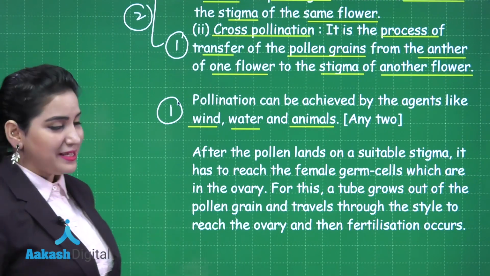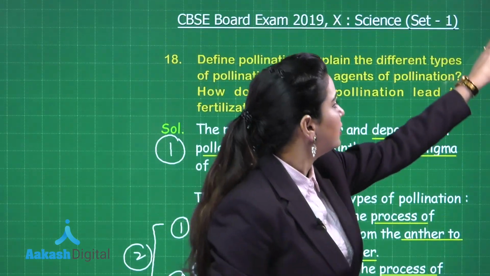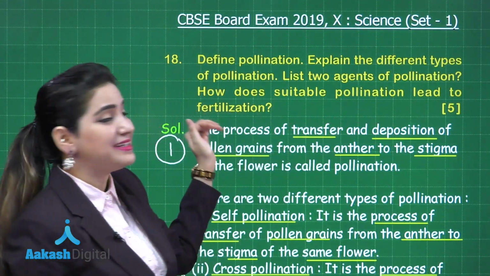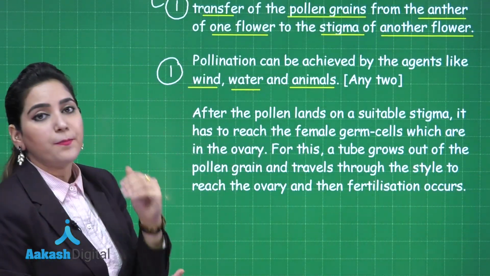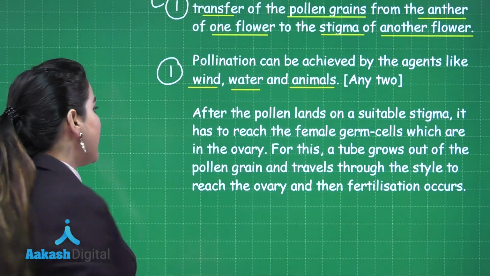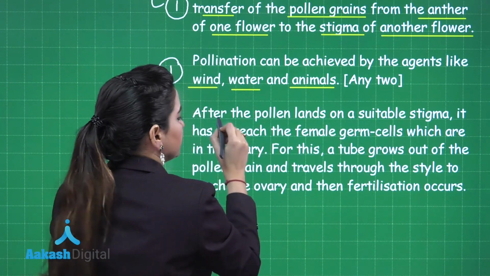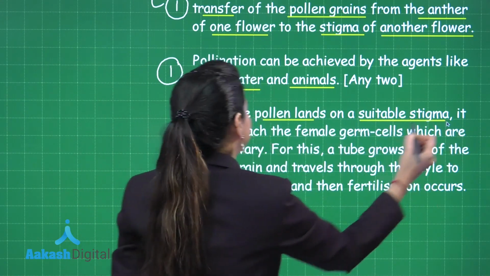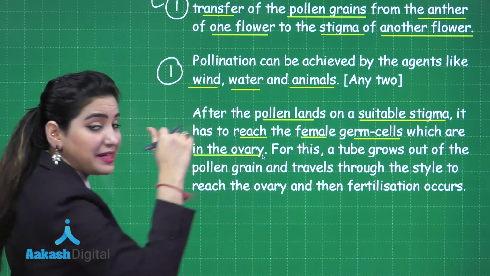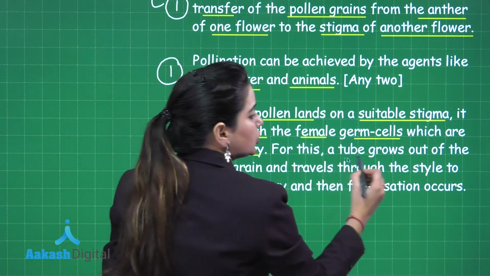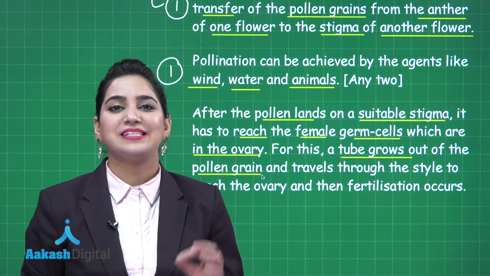And last but not the least, we had to tell how suitable pollination leads to fertilization. Now here is the answer. After pollen lands on a suitable stigma, it has to reach the female germ cells which are present inside the ovary. For this, a tube grows out of the pollen grain, and that tube, my dear students, is known as the pollen tube.